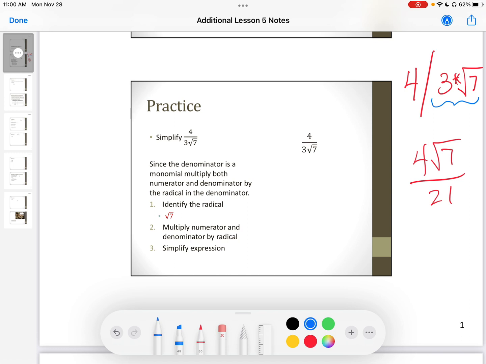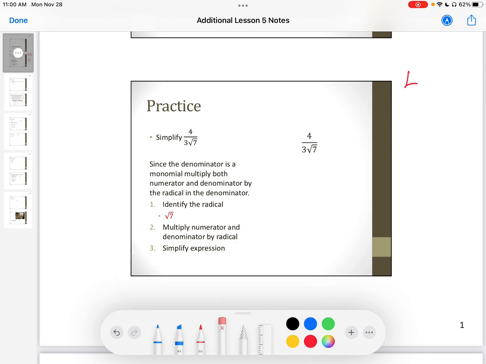Now they could put in the calculator 4 times the square root of 7, and then immediately after that hit divided by 21 without ever having to require that the calculator use any rounding. So basically, the whole reason that rationalizing the denominator came about was to eliminate the need to use rounding so that your stats could be more accurate.